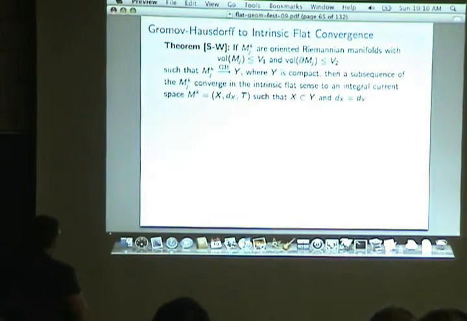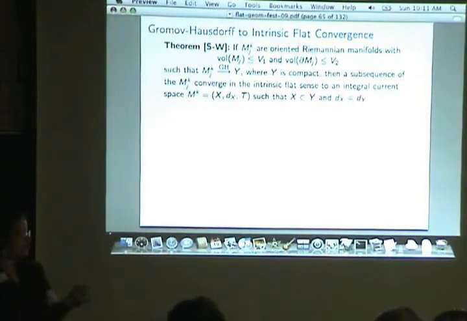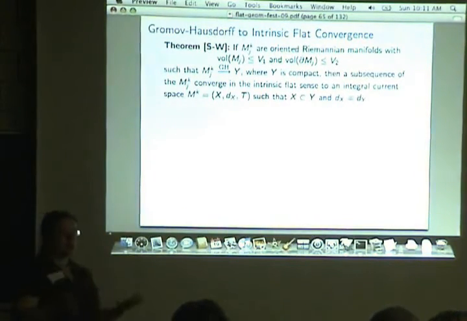Then a subsequence of the M_j converge in the intrinsic flat sense to an integral current space that's a subset. So now, whenever you had a Gromov Hausdorff sequence, as long as you assume these uniform upper bounds on the volumes, we now have a subsequence which converges to something of the correct dimension. But it's a subset. It's not necessarily the whole set.